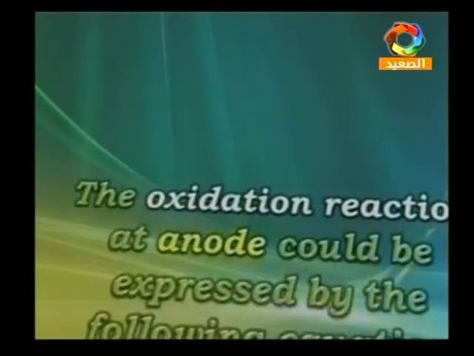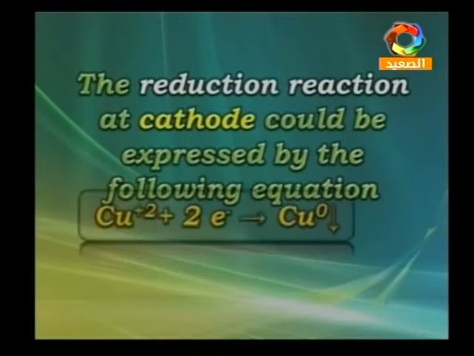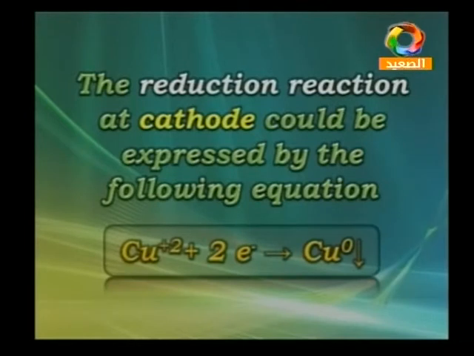After that, second thing, we have the reduction reaction at the cathode. Cathode means the negative pole or negative electrode of the cell.